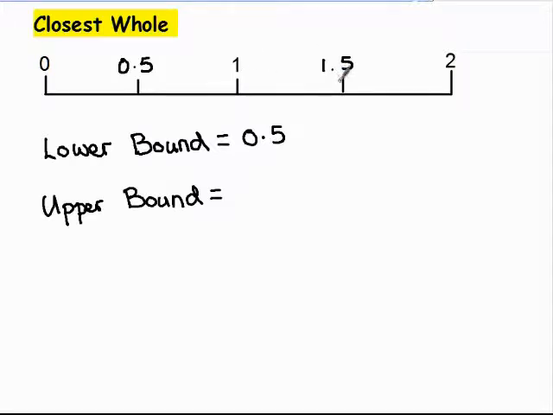Now the actual upper limit in this situation would be 1.4999999999999, etc. So it's safer to actually say that 1.5 would be your upper bound.